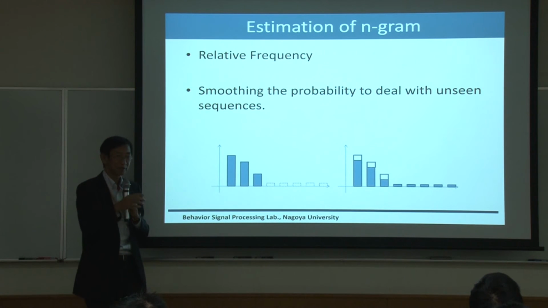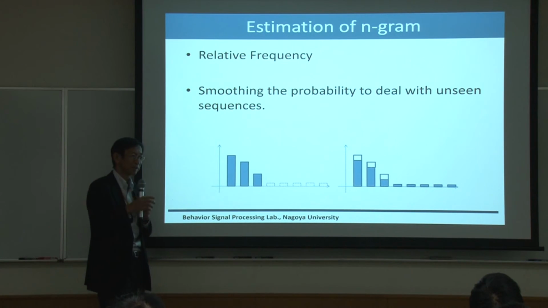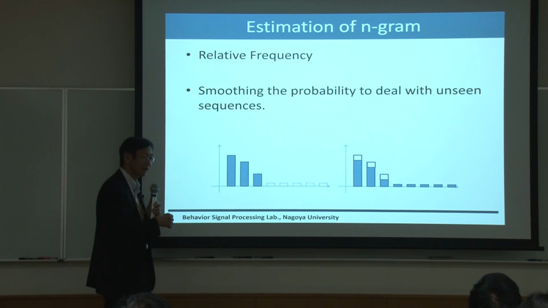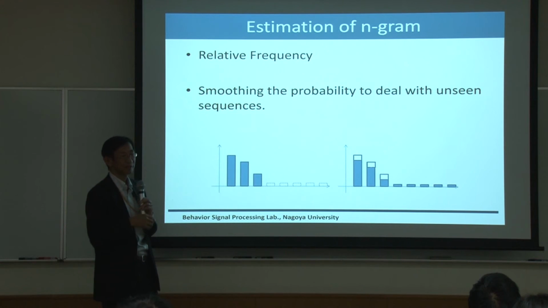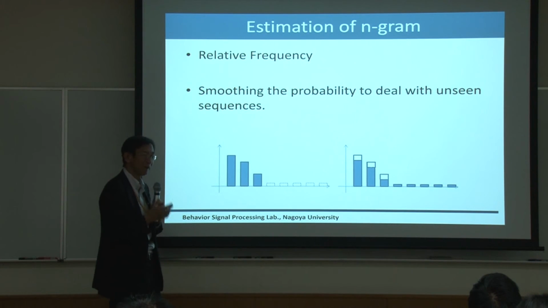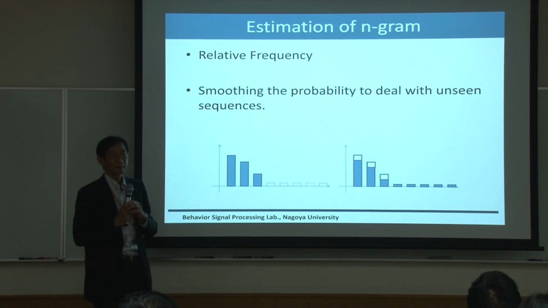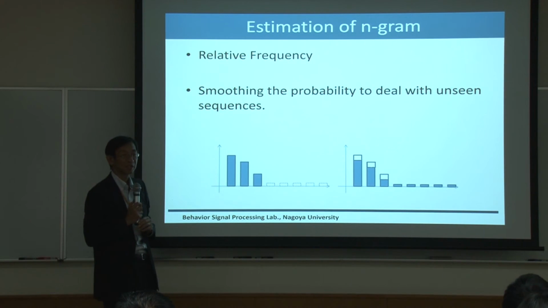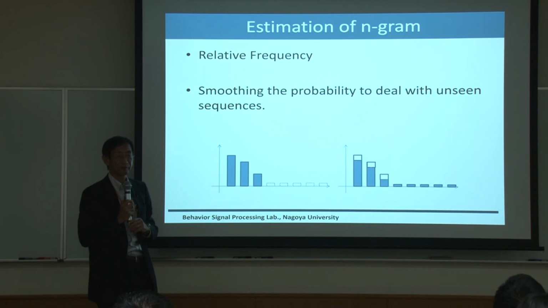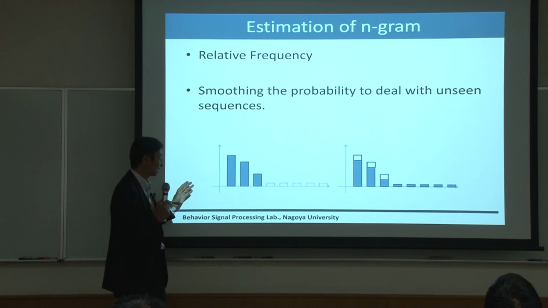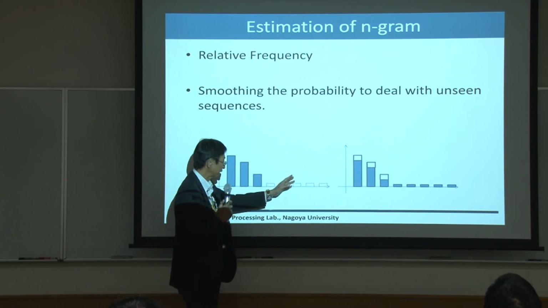Take the dice: 1, 2, 3, 4, 5, 6. We all know that all of those probabilities are 1 over 6. But throw it 5 times, and you get 5 different numbers. You do not conclude that each dice probability is 1 over 5. But sometimes such things happen.